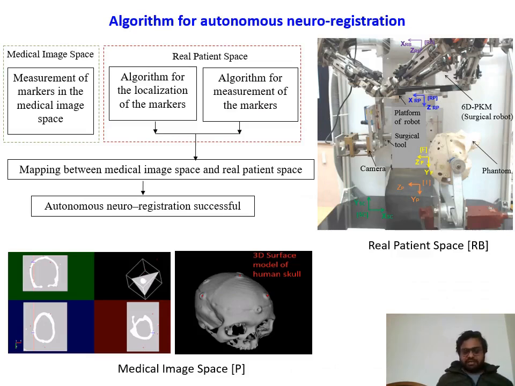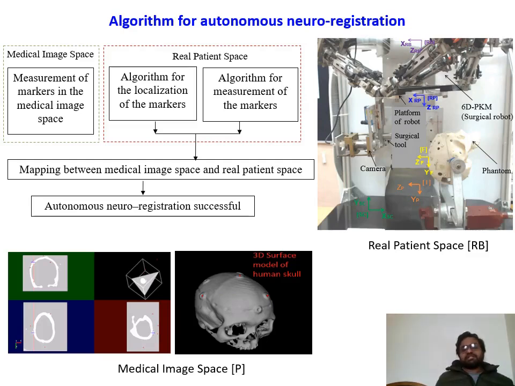We have a medical image space, which is obtained by stacking various images in a 3D coordinate system obtained from MRI and CT scans. The other is the real patient space, which, as the name indicates, is the physical space where the real patient is, along with the surgical robot and other instruments in the operation theater.